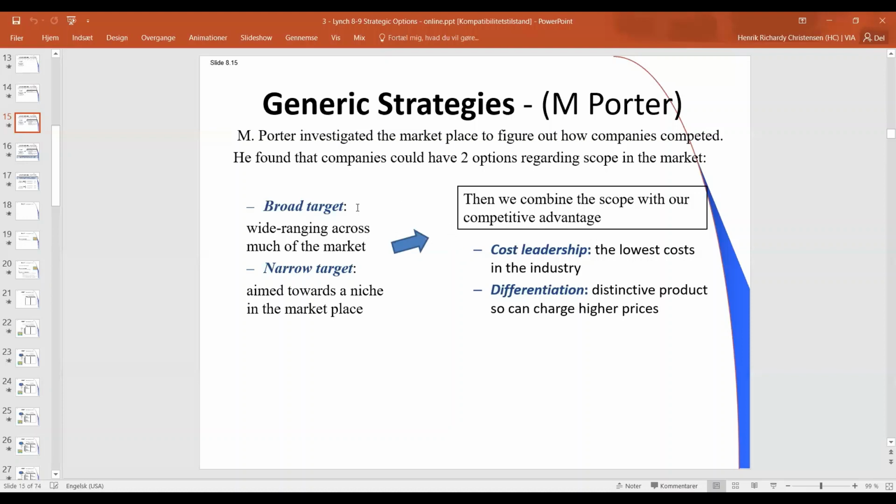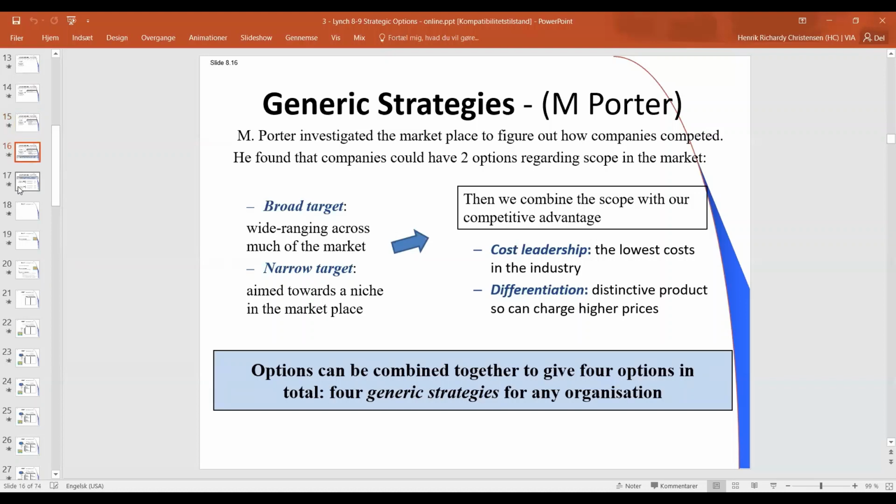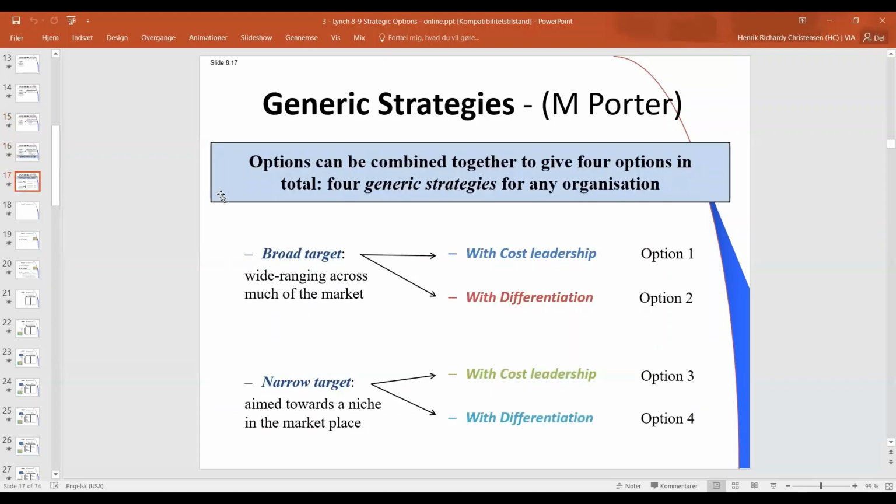We could also have another company with a broad target following a differentiation strategy, and they could also have success in the marketplace. So his idea is to combine the target and the strategy. That leads us to the next slide, where we can combine options: a broad target with low cost leadership is option number 1.